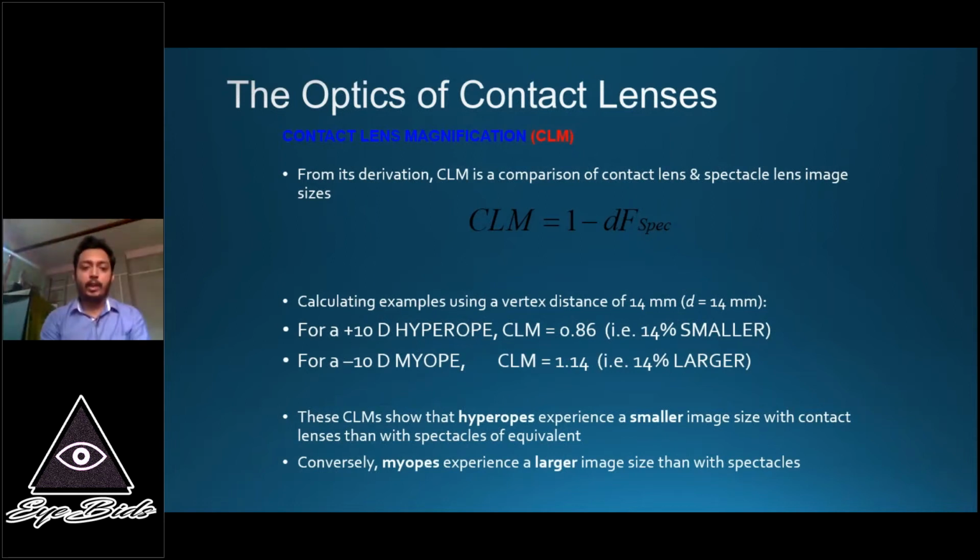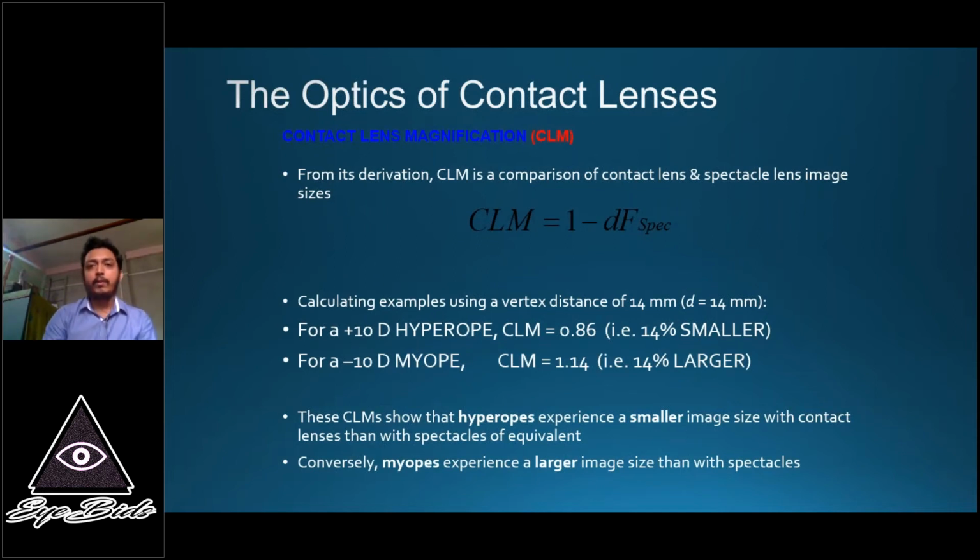Here d means the vertex distance, and FSP means the power of the spectacle. So with the contact lens, hyperopes experience a little bit smaller image than with the spectacle, and myopes experience a little bit larger image.